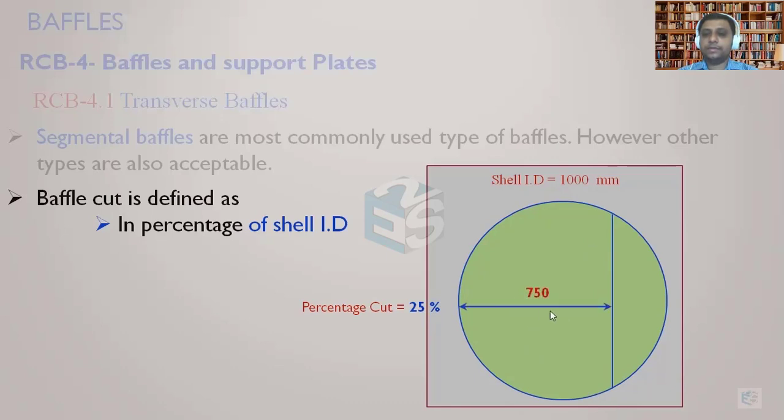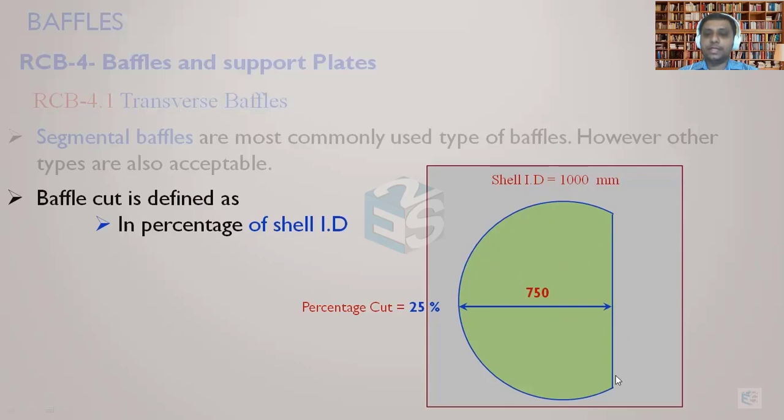This remains 750 mm, which will remain in place, and this 25%, which is nothing but 250 mm, will be removed. So this is how the 25% cut will be defined: whenever there is a 1000 mm diameter, 250 mm will be the cut and 750 mm will be the remaining, which will remain in place.